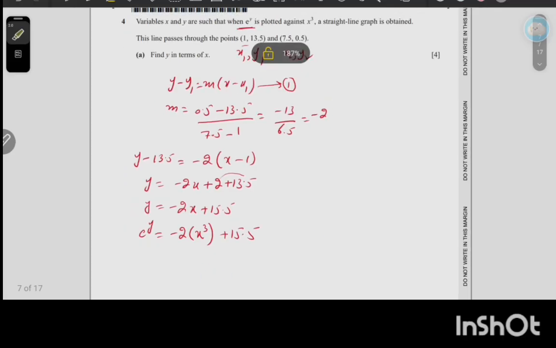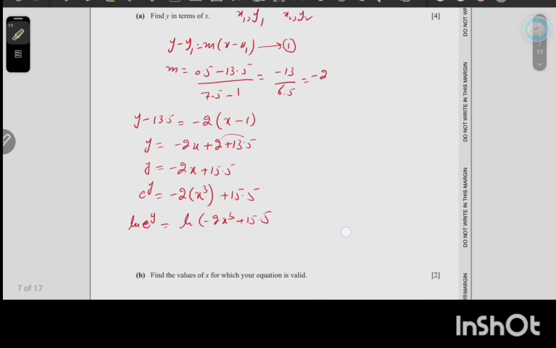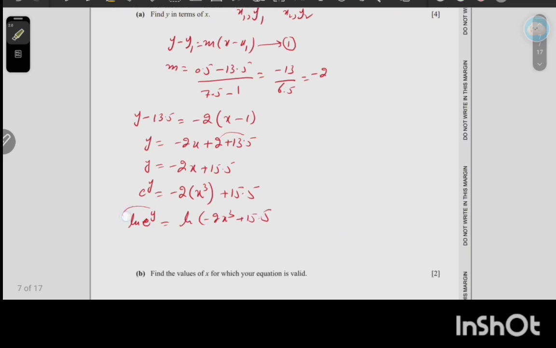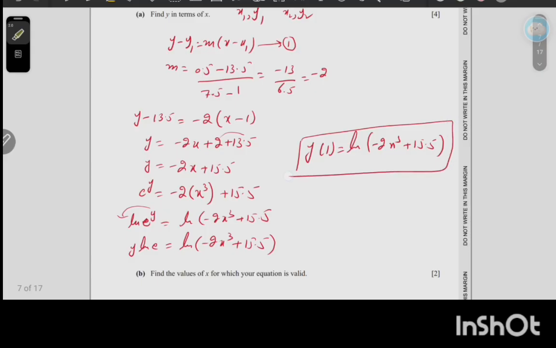Okay dear friend, because it is e power y, we have to apply log on both sides, and apply the log property. This will be y log of e equals log of minus 2x cube plus 15.5. Now log of e will be 1, so y equals log of minus 2x cube plus 15.5. This is our required answer.